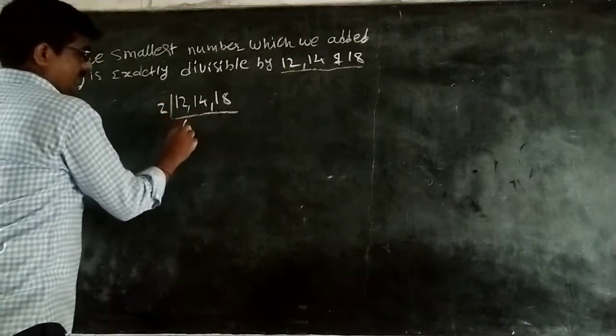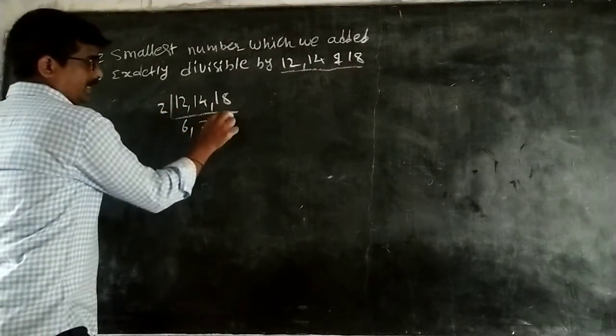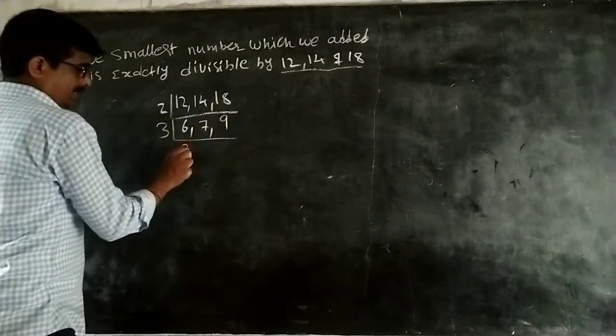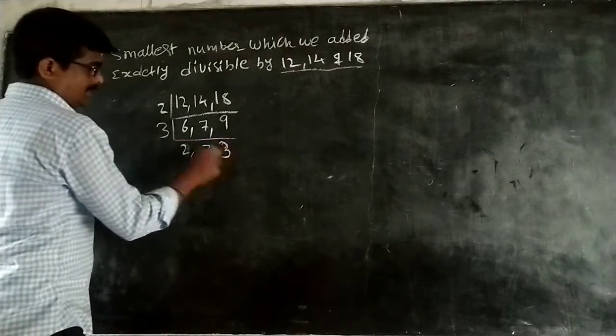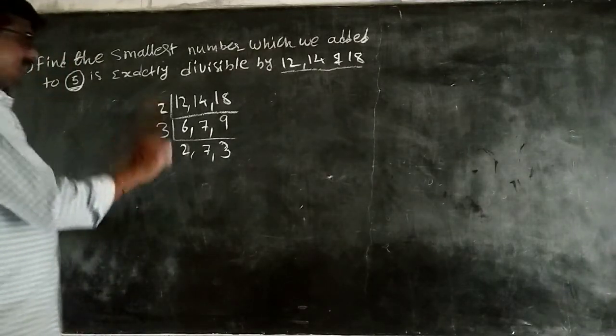So 2 6s are 12, 2 7s are 14, 2 9s are 18. Next again I am taking 3: 3 2s are 6, 3 3s are 9. All are different prime numbers now, nothing common.